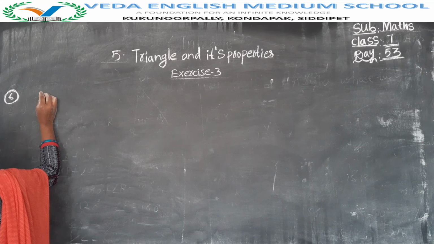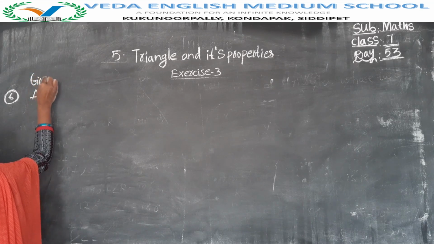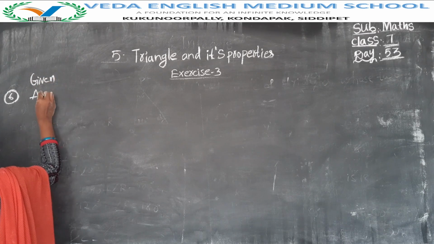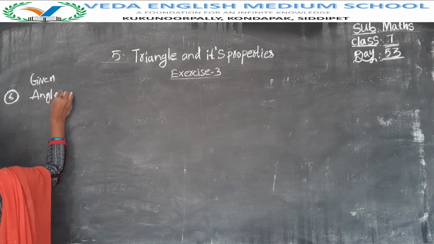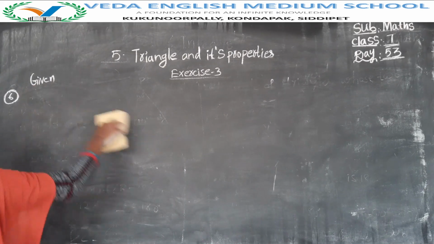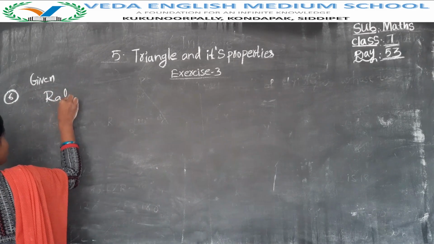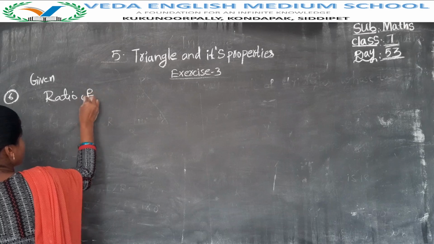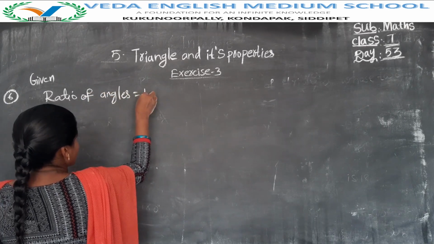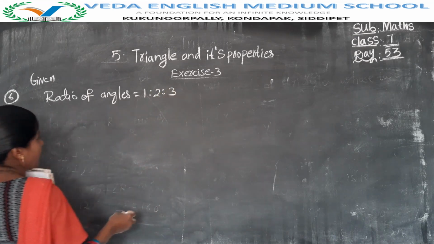The angles of a triangle are in the ratio 1:2:3. Then we have to find the three angles.